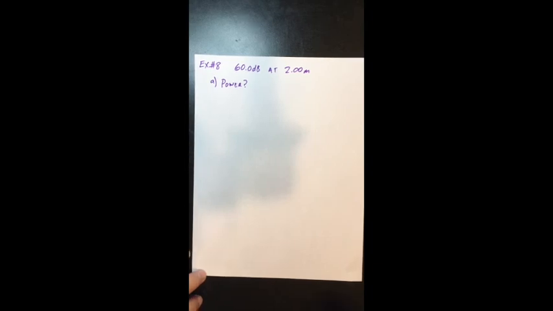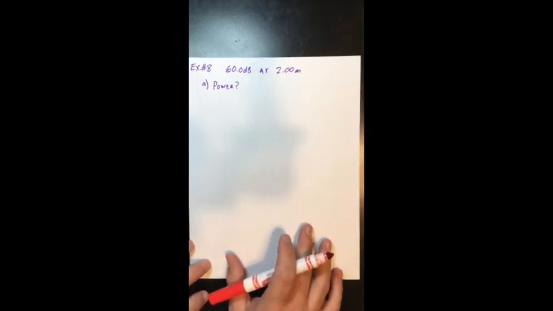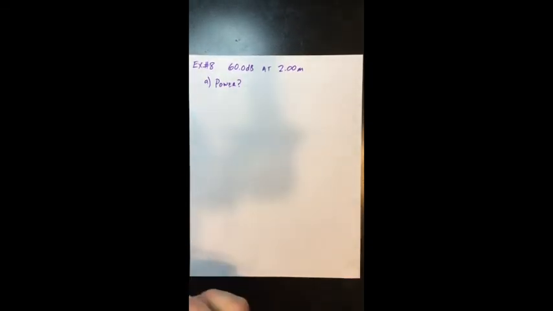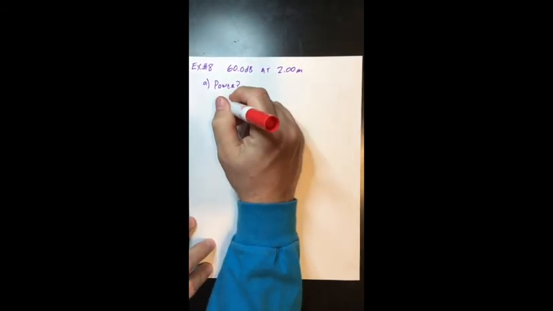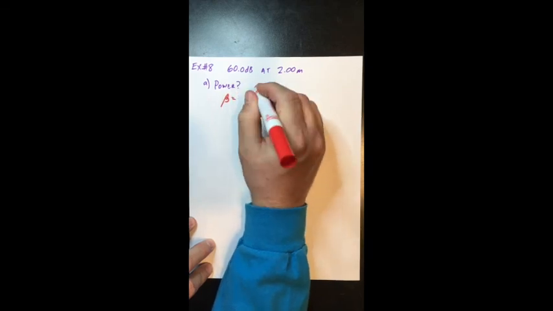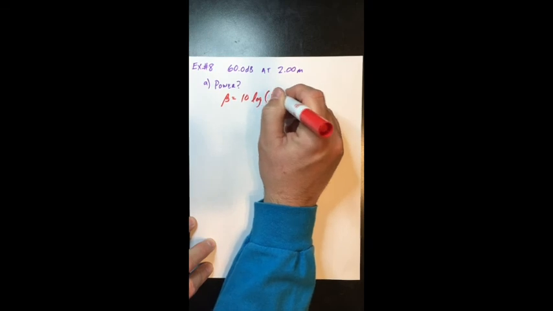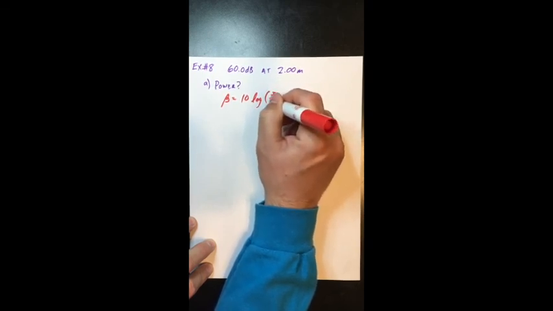All right, so to calculate part A, we want to know what's the power with which this person is talking. So I can use red, that'll be okay. Beta equals 10 log I over I naught.